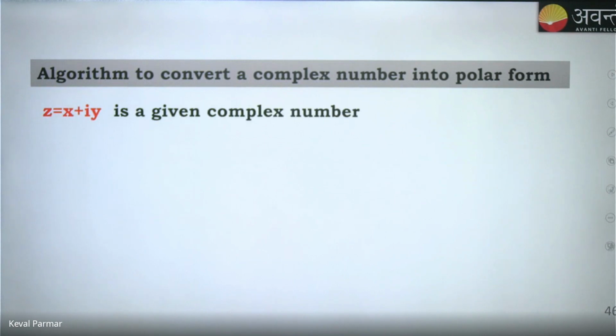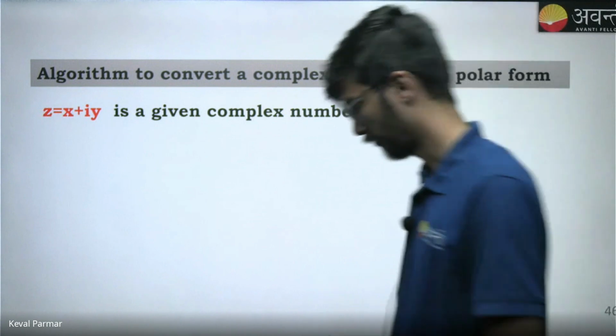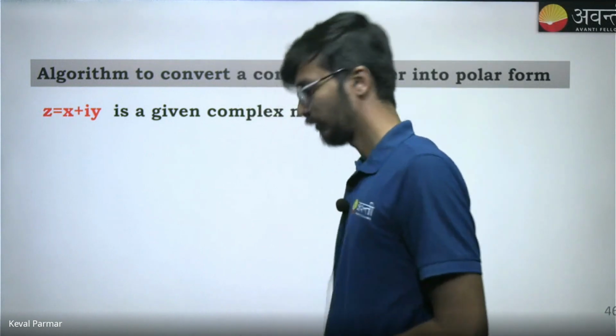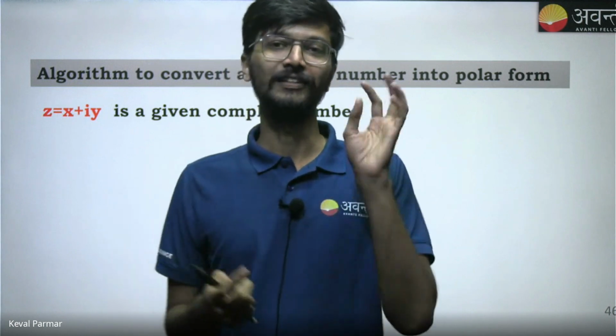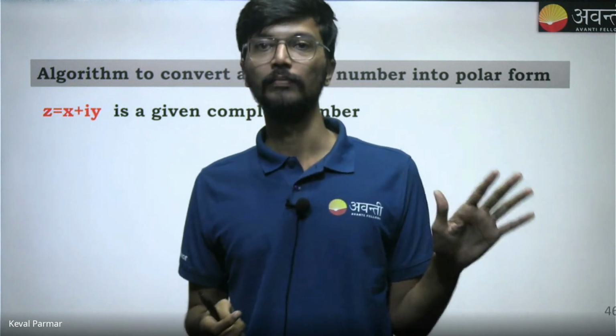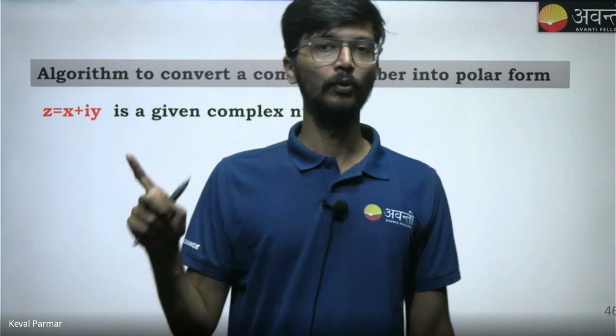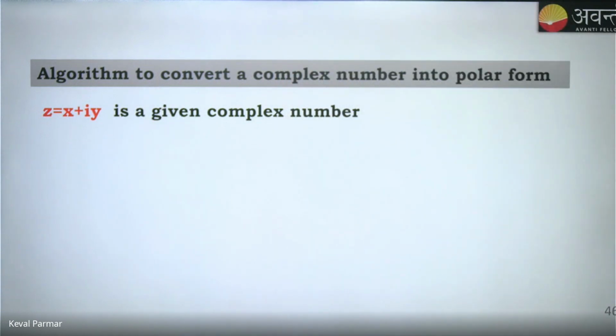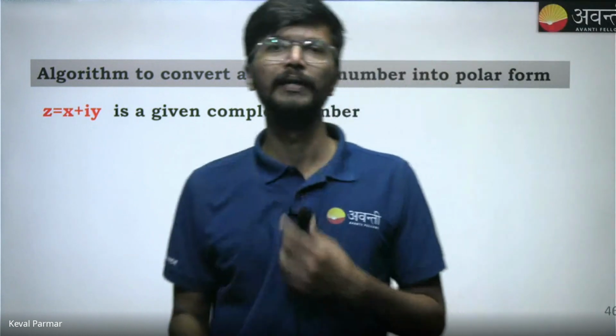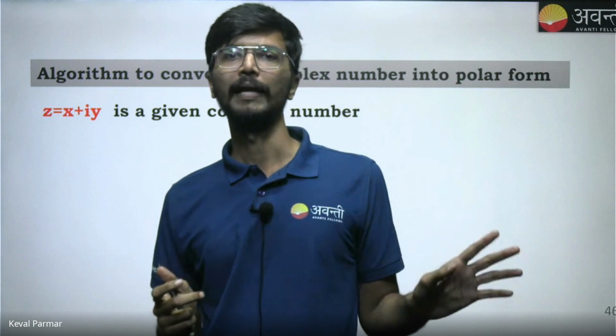Now, here is a simple algorithm, you can say, I have developed for you all to easily understand how to convert the complex number from its normal Cartesian form to polar form. Now it's very simple, guys. If you understand a bit of trigonometry, we know that the argument of a complex number is between minus pi to pi, right?